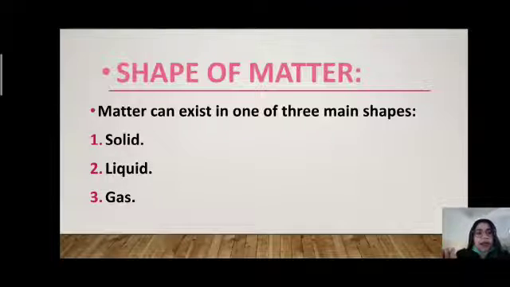On the other hand, water, honey, or any type of liquid is an example of liquid. The last one is gas. Carbon dioxide, oxygen, and nitrogen are all examples of gas. So there are three main shapes of matter: solid, liquid, and gas.